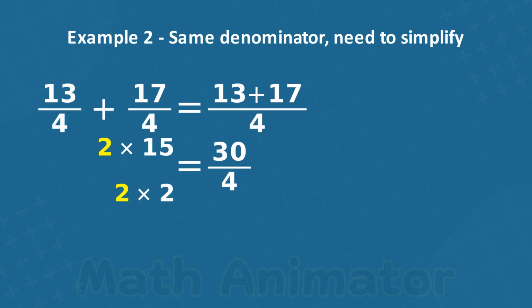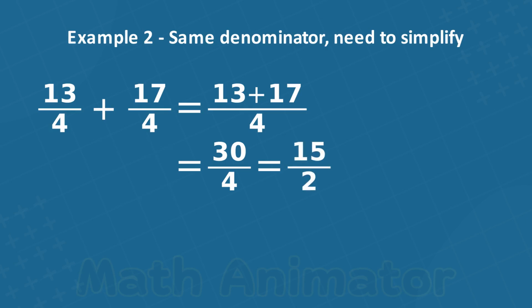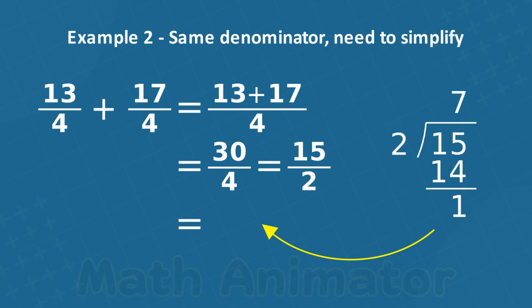In this case, it is 2. So, we need to reduce the fraction to its simplest form by cancelling out the common factor. This gives us 15/2. Furthermore, we need to express it as a mixed number and get the final answer 7.5.